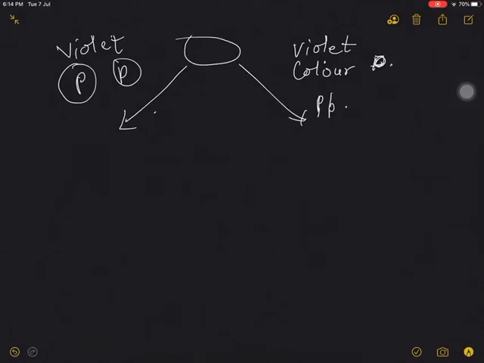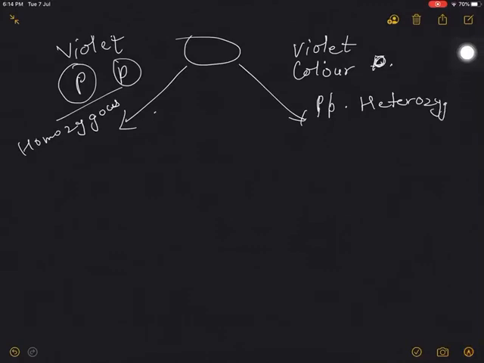So that may be homozygous and that may be heterozygous. We have no idea about what type of this flower. So when we cross it with recessive plant, what result will we get? So we have to find out this plant nature.